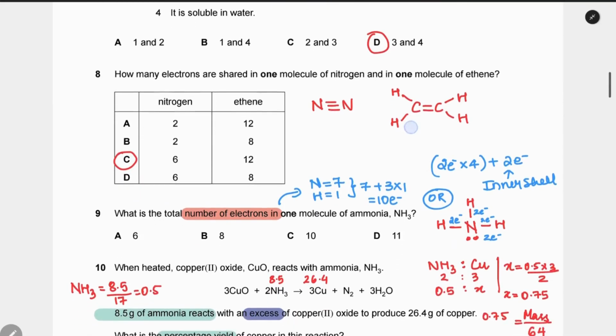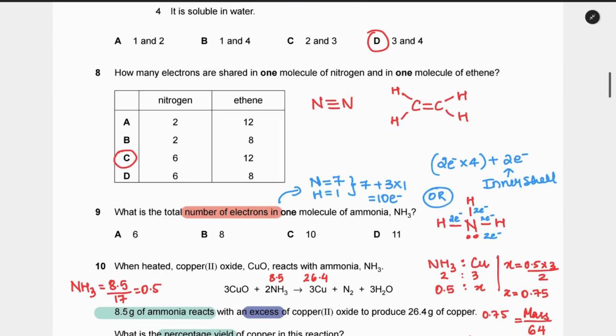What is the total number of electrons in one molecule of ammonia, which is NH3? Over here, we need to understand the ammonia structure. For that reason, I have made a structure for you. If you see, the nitrogen structure is there, and along with nitrogen we have one lone pair and 3 hydrogen bonds. Nitrogen has atomic number 7, so the electronic configuration is 2,5.